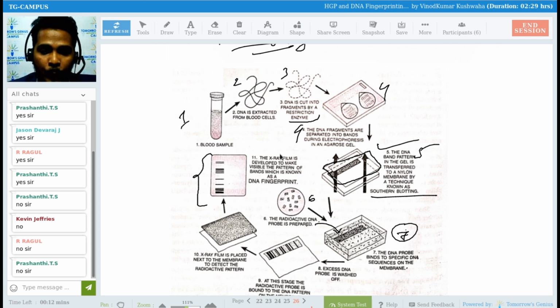You can see that you have to create the probe separately. How will you create the probe? The probe can be part of single stranded RNA, and definitely, as I told you, it is a minisatellite, VNTRs, right?